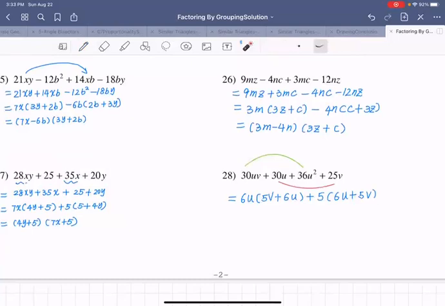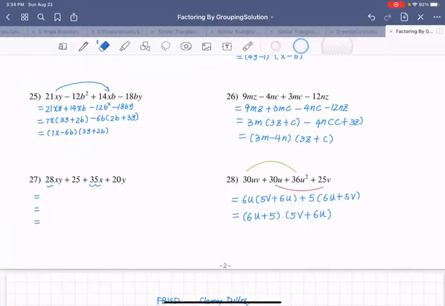So we come to here, we see this one and this one are identical, correct? So we will take out this and we do 6u plus 5, correct? All right, there you go.